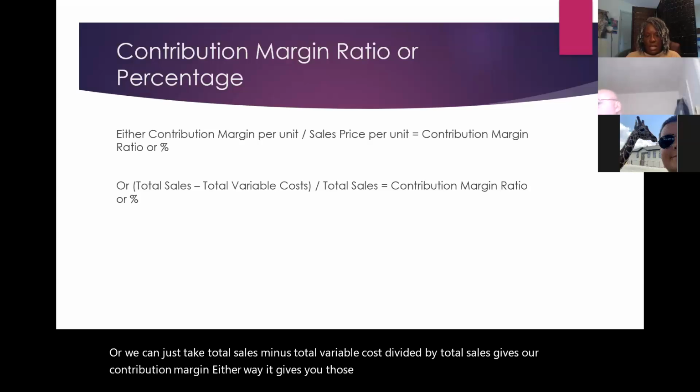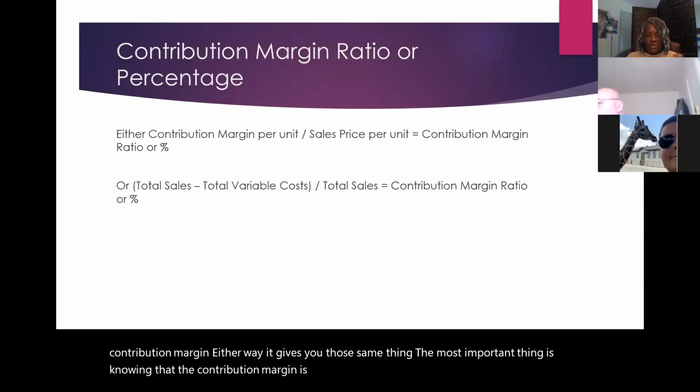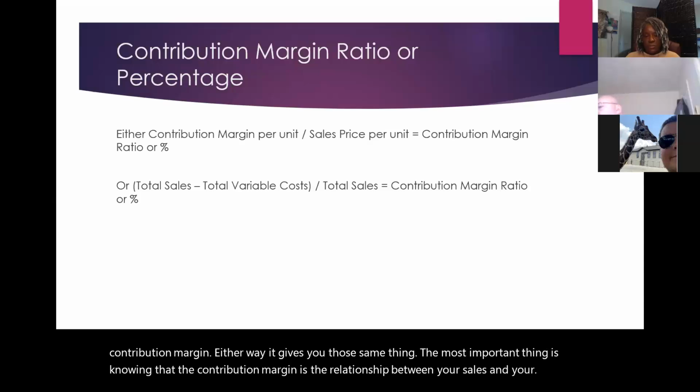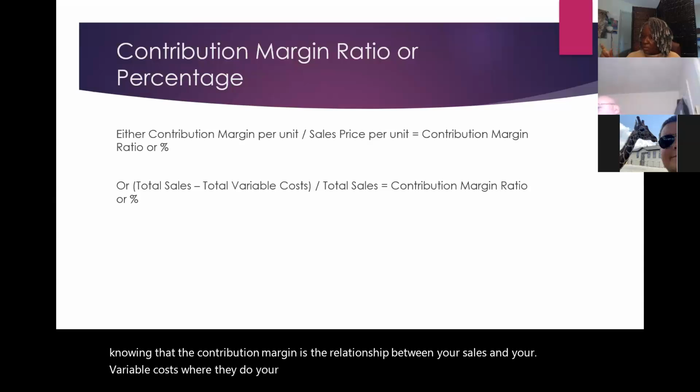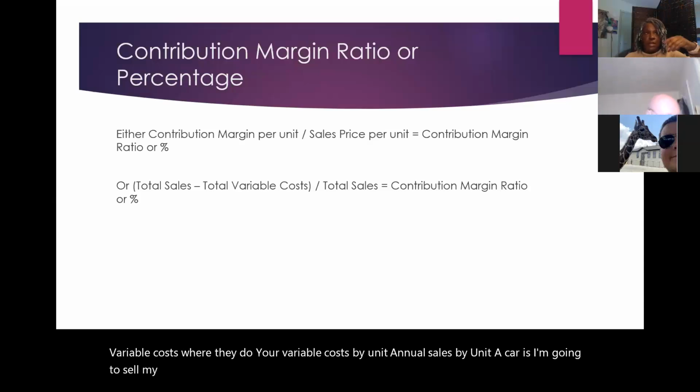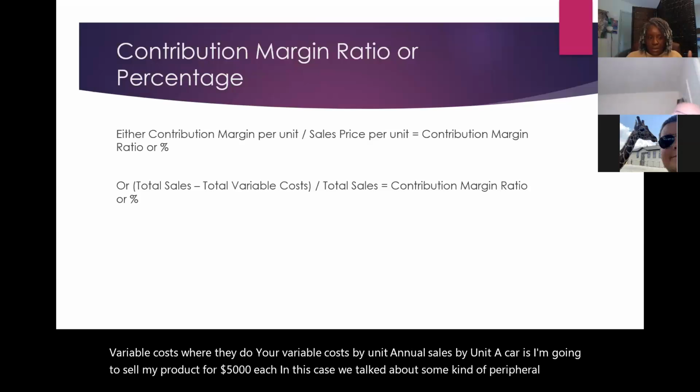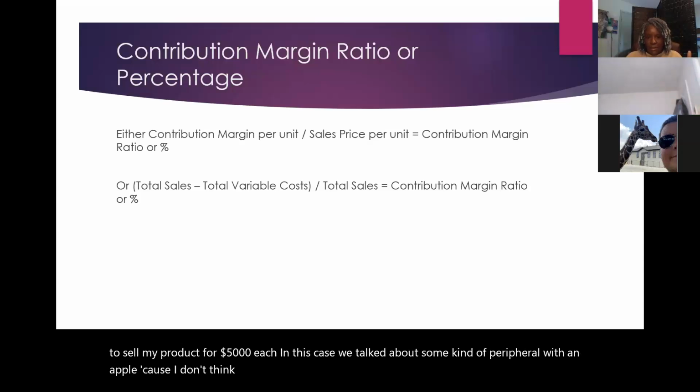The most important thing is knowing that the contribution margin is the relationship between your sales and your variable costs, whether it be your variable cost per unit and your sales per unit. I'm going to sell my product for $50 each. In this case, we're talking about some kind of peripheral with Apple, because I don't think anything with Apple is less than $500.